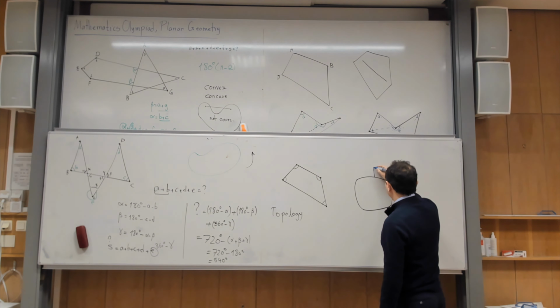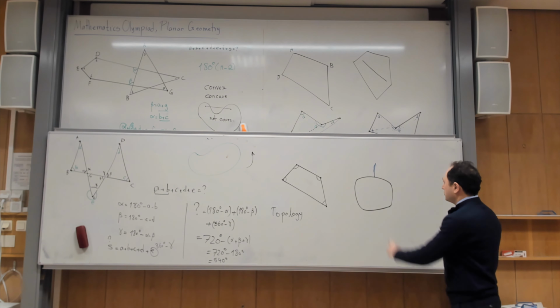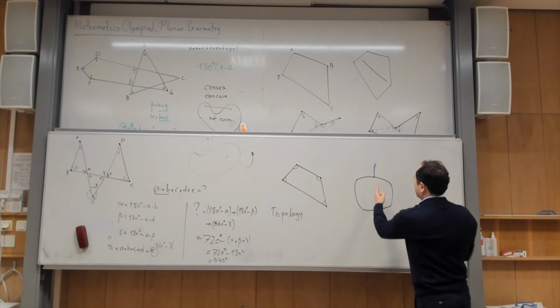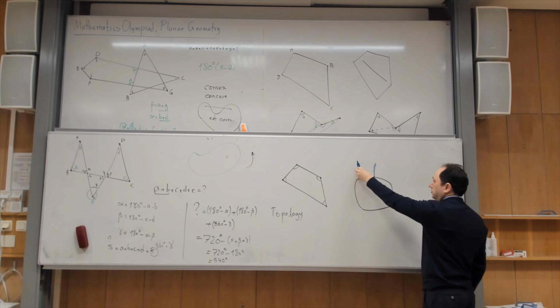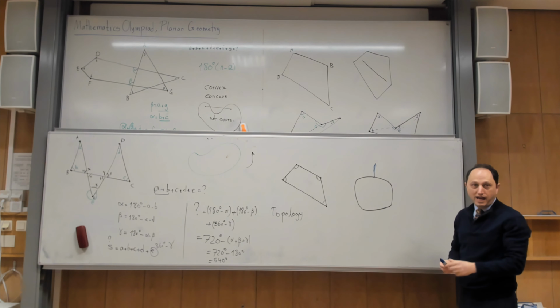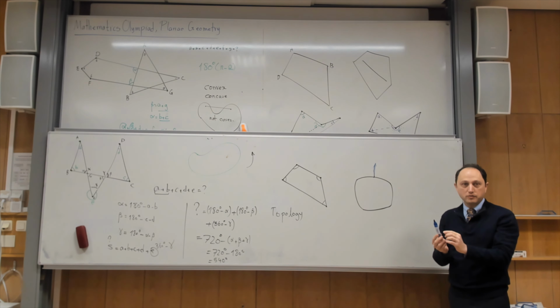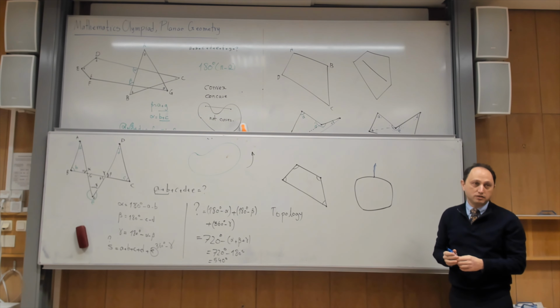Let me just draw a perpendicular to this. So this is one point where this vector is pointing in that direction. Then I start moving around this circular object.